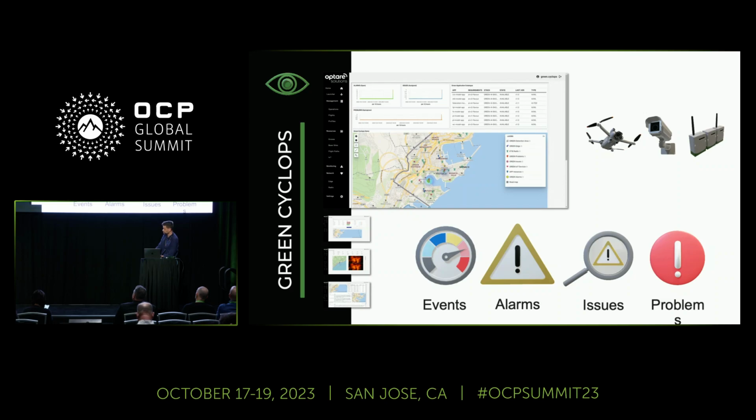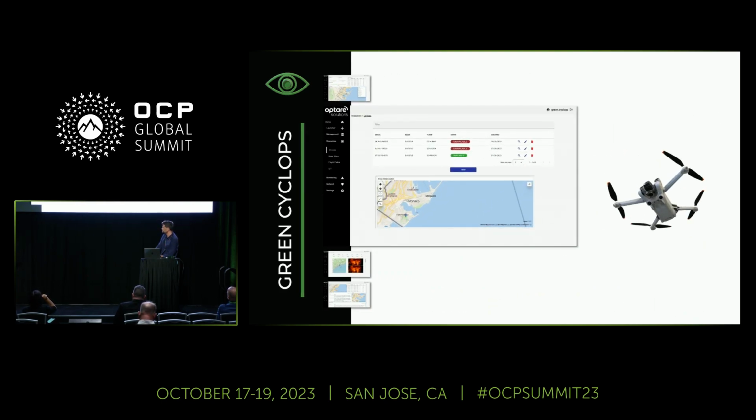With this alarm, we can at the same time raise different actions in real time, for example, request a drone to move the gimbal or to go closer to the location where the alarm is being produced.